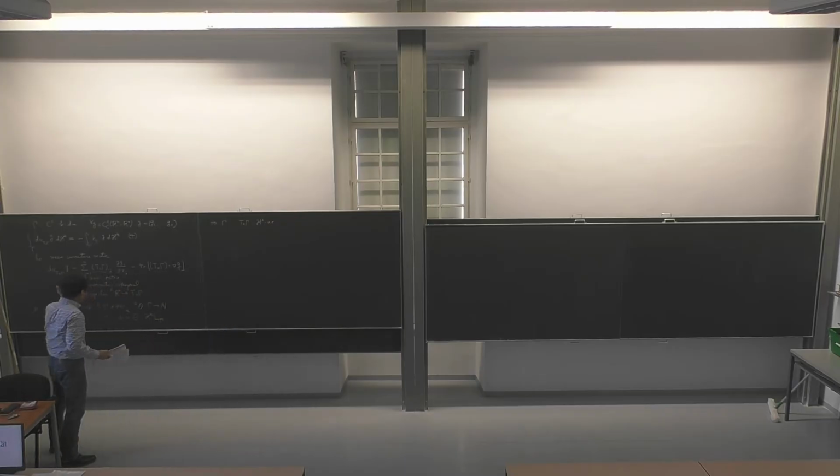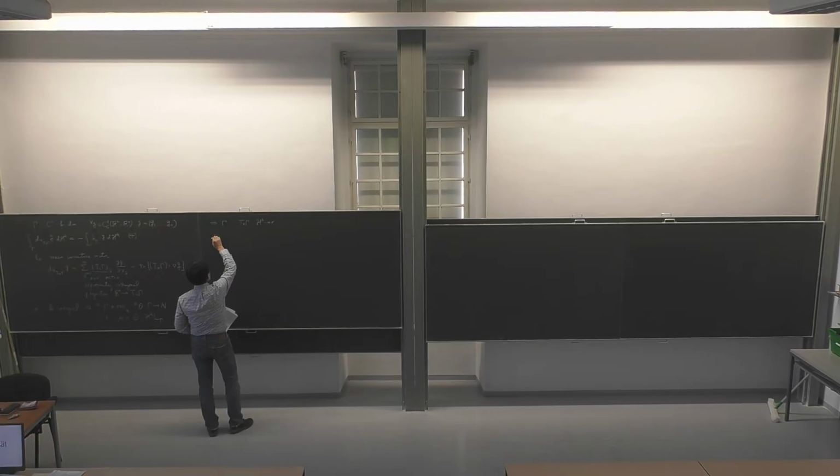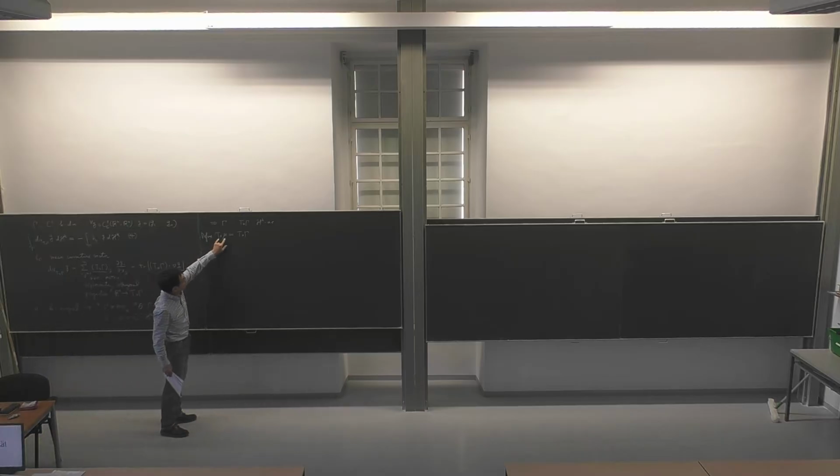So it is natural to define the tangent space of a k-integral measure mu: I define T_x mu to be the tangent space of this gamma. It's really just a matter of notation.